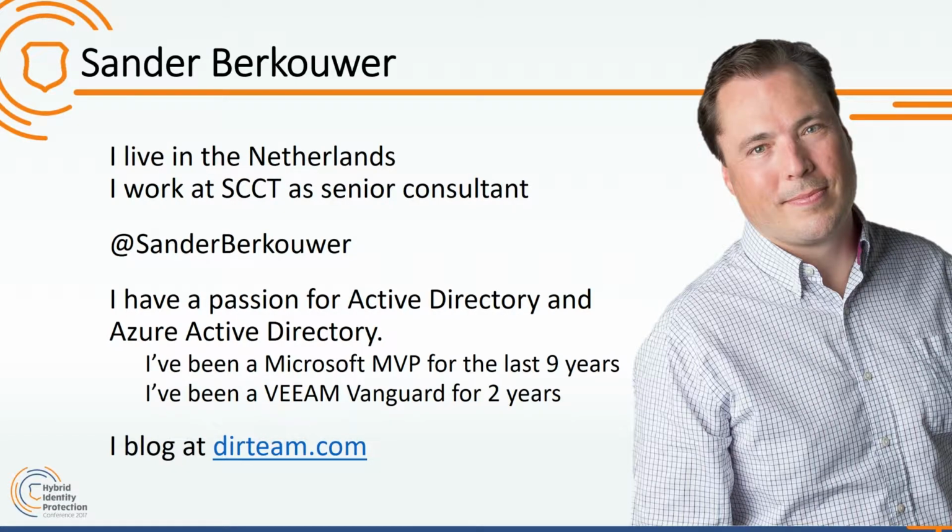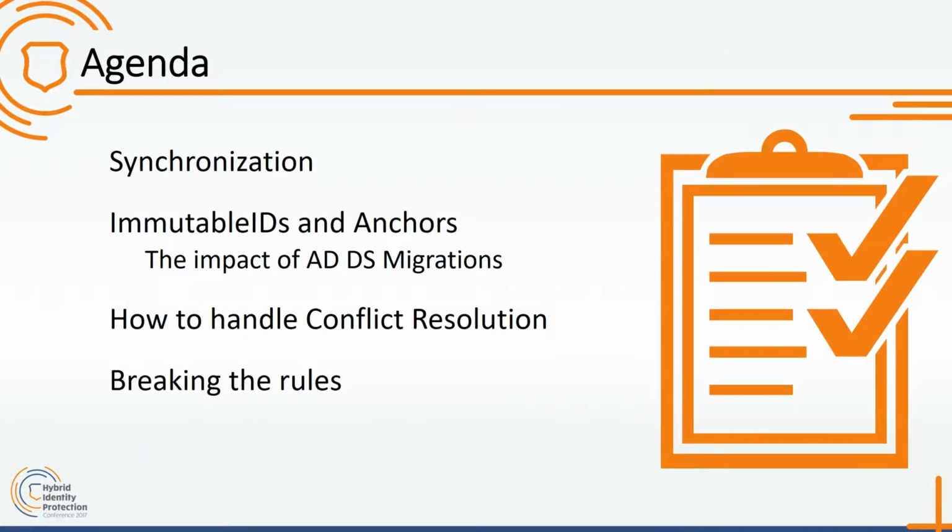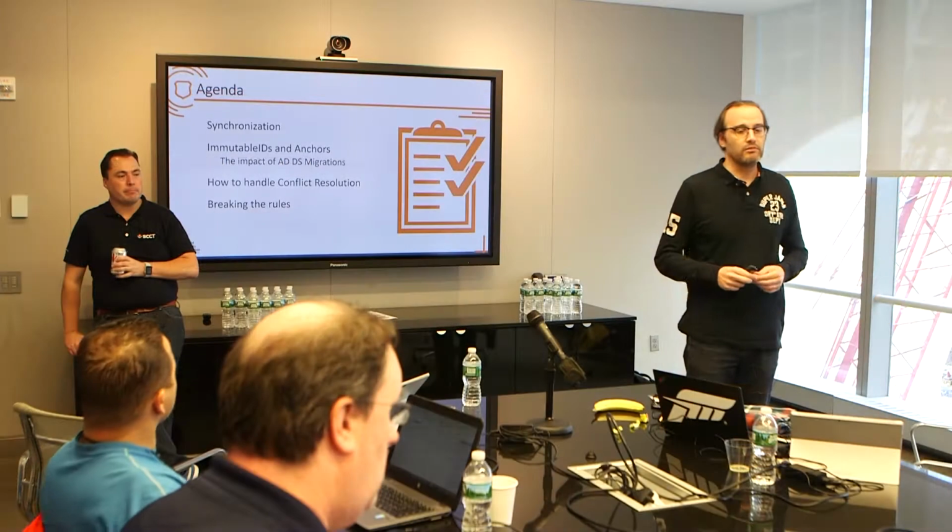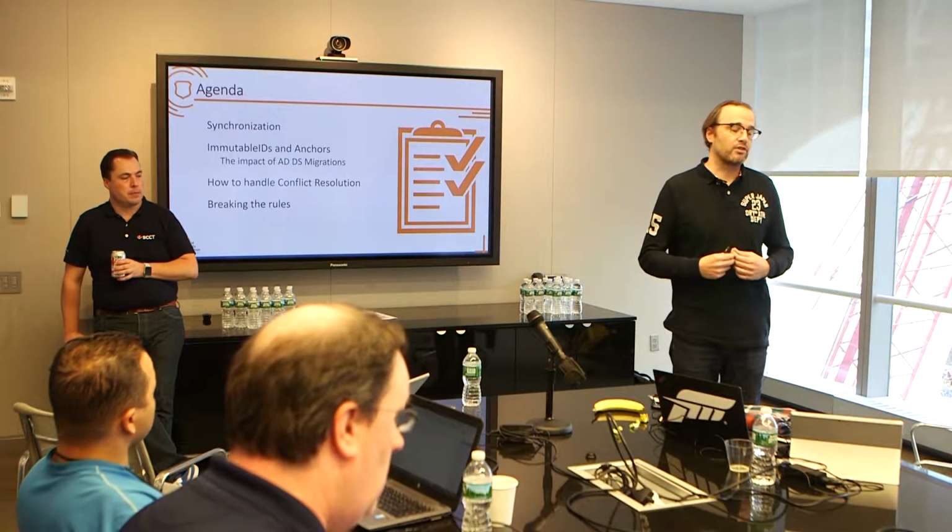Anyway, the agenda for today: we're going to dive into the synchronization engine itself. I'm not going to talk about any of the other add-ons that Azure AD Connect has, like the password authentication agent or the health agents. We're going to look purely at synchronization itself. For the password authentication agent as well as seamless sign-on, I have a session at 4 o'clock.